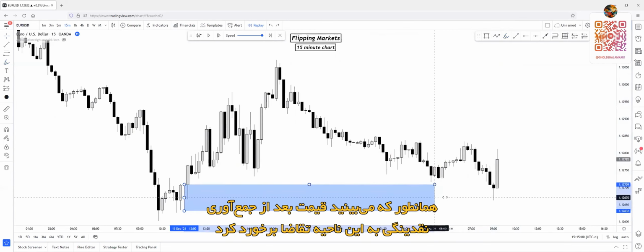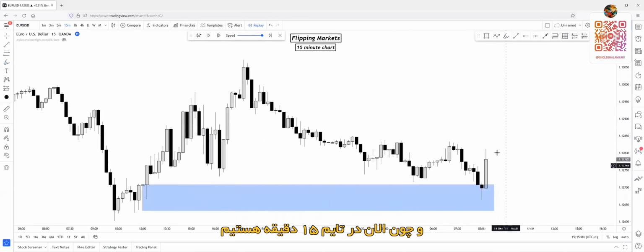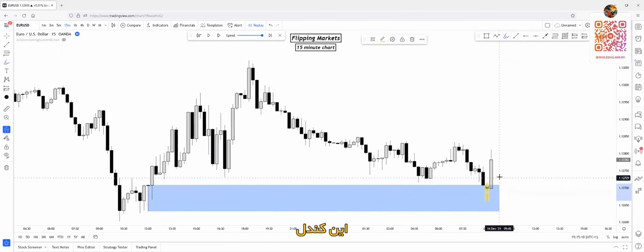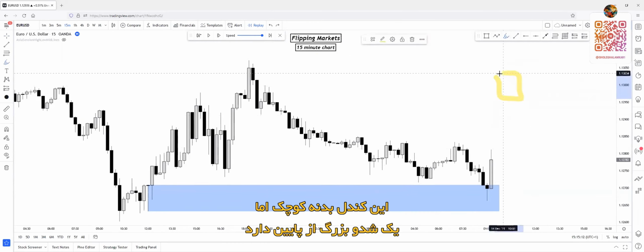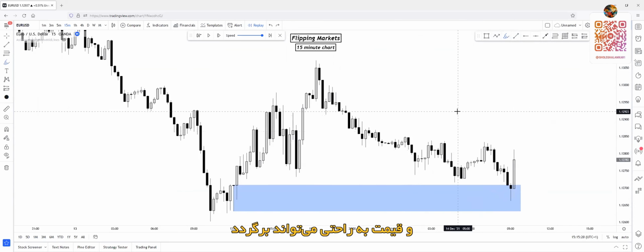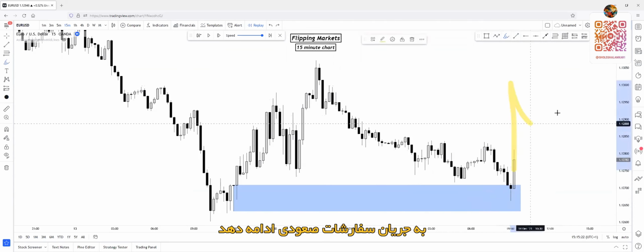So as you can see, price tapped into this demand zone with a liquidity sweep because we are on the 15-minute chart currently, and this is a 15-minute candle right here, and it looks like this: a really small body with a huge wick to the downside. So this means this was only a liquidity sweep.